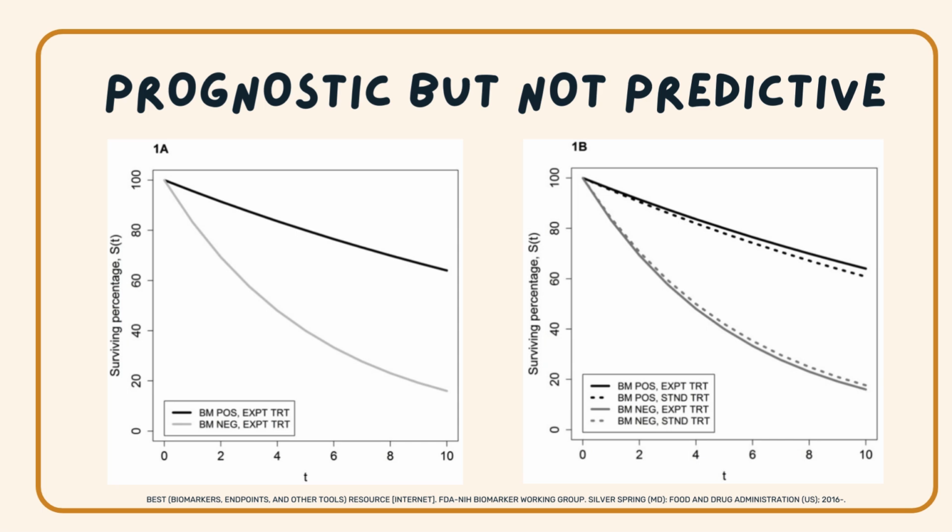So we can see there is not much difference between standard therapy or experimental therapy if we subclass the patient with the biomarker. So this means this biomarker is only a prognostic biomarker, but it's not predictive because it cannot distinguish the treatment.